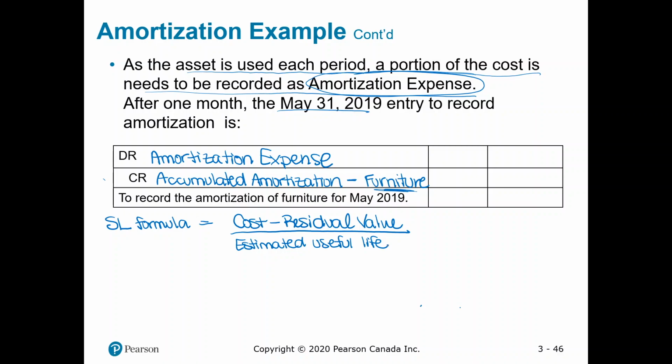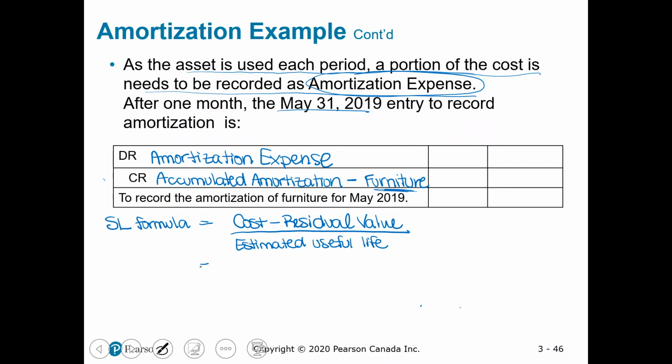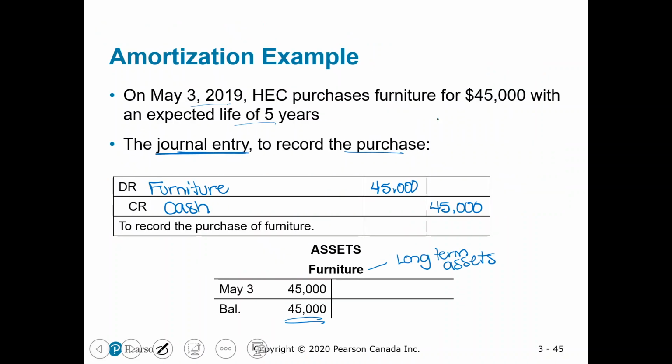Okay, so we know the cost of the asset from the previous slide. We paid $45,000 for it. It doesn't tell us anything here or in this previous example about a residual value. So if it doesn't tell you one, then you just know the residual value is 0.